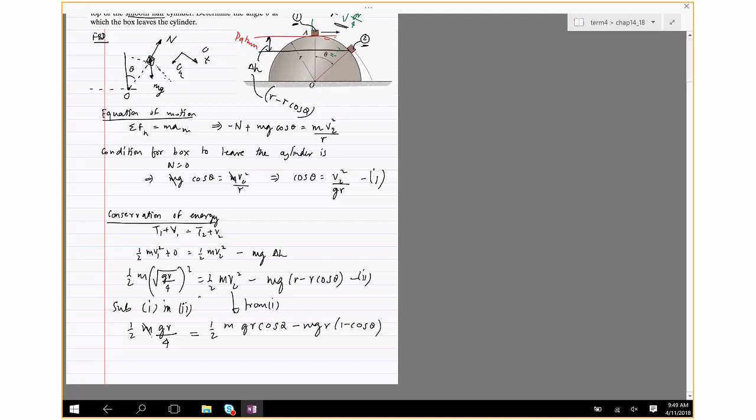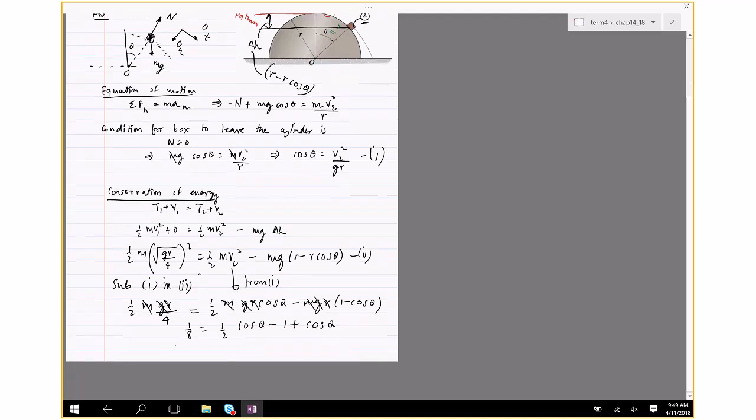So mgr cancels off. I'm left with 1/8 equals 1/2 cosine theta minus 1 plus cosine theta. If I solve for cosine theta, I get 3/4. Or in other words, theta equals cosine inverse 3/4, which is 41.4 degrees.